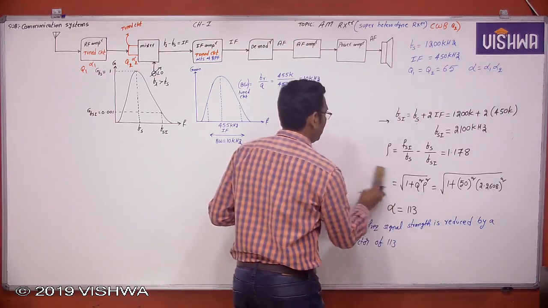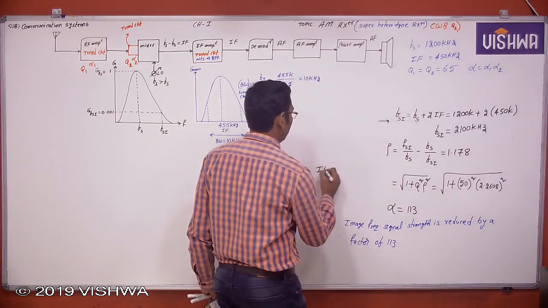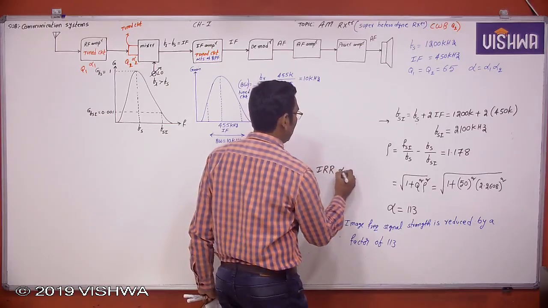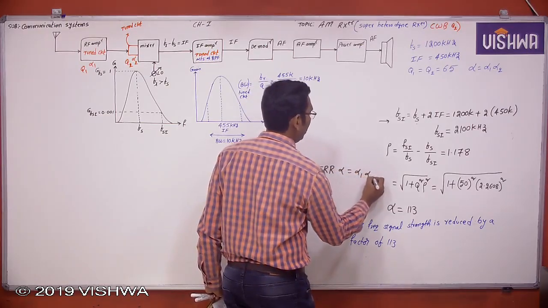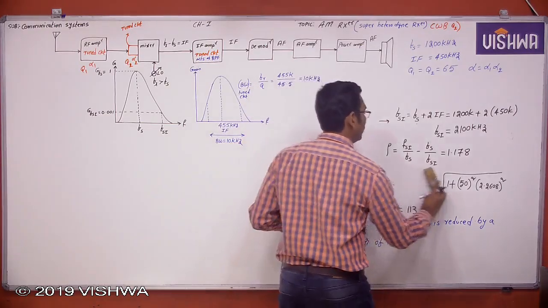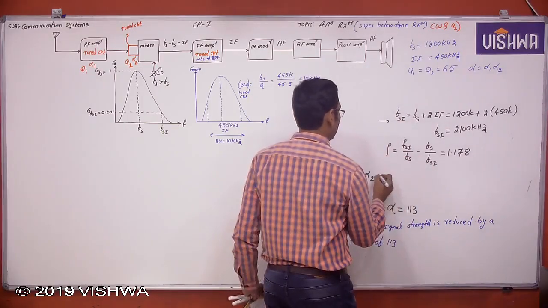Now see here, the image rejection ratio alpha is equal to alpha 1 into alpha 2. What is alpha 1?